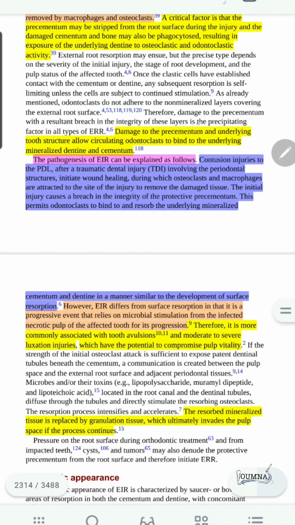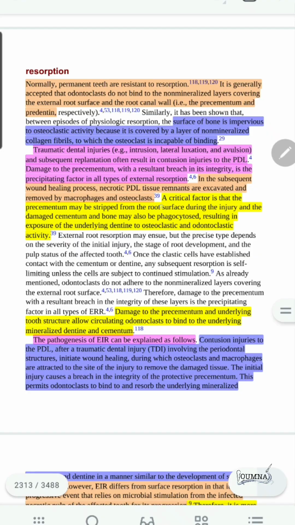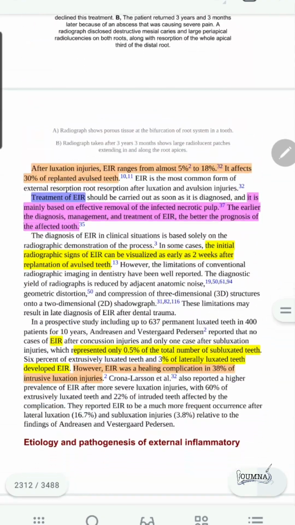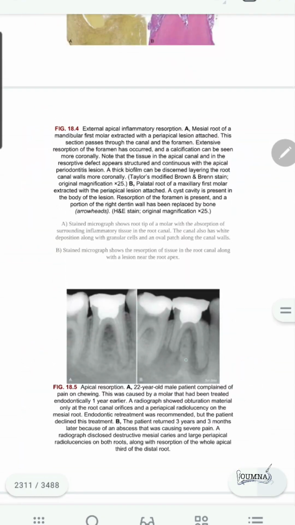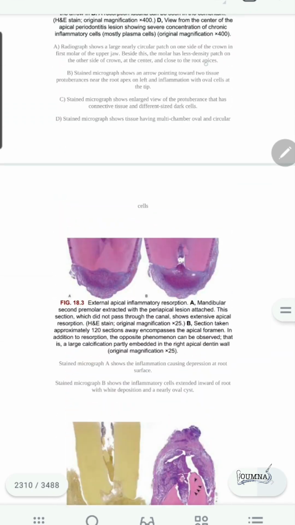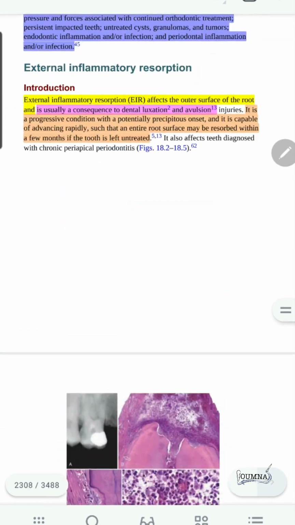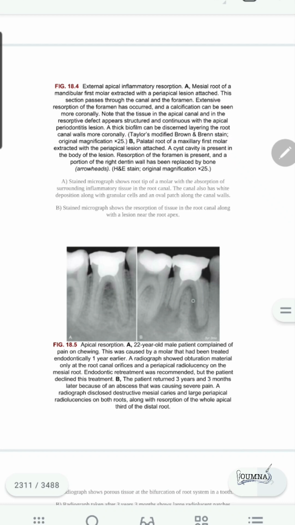So when the pre-cementum is torn out due to this accident, the osteoclasts start their invasion. And we can see that this kind of resorption is actually aggressive and fast.